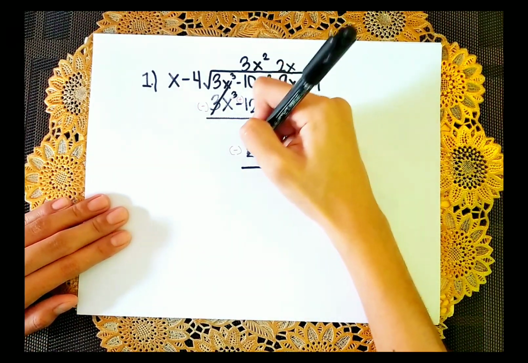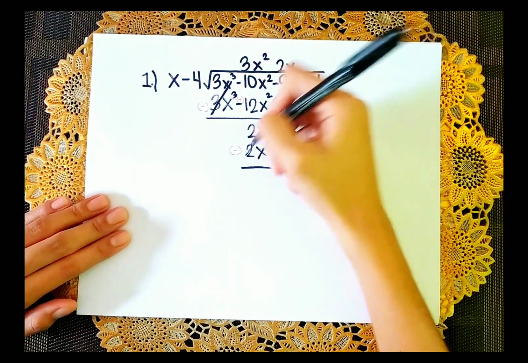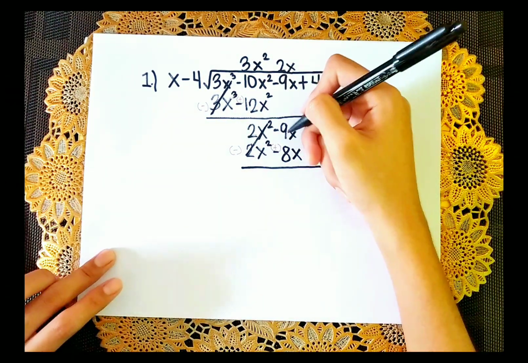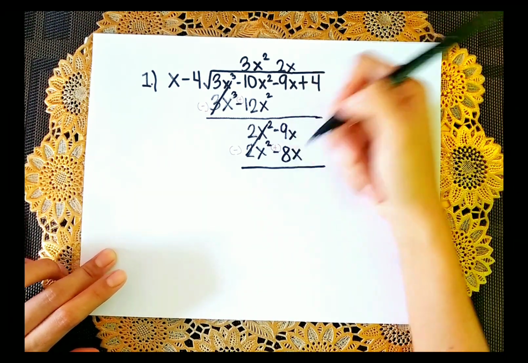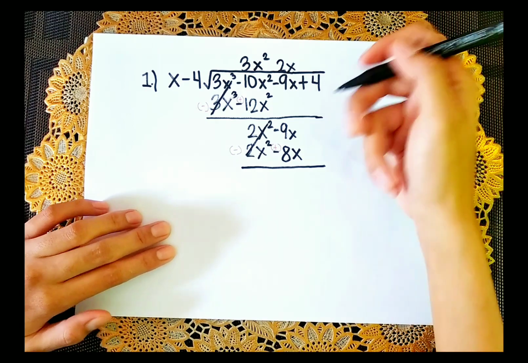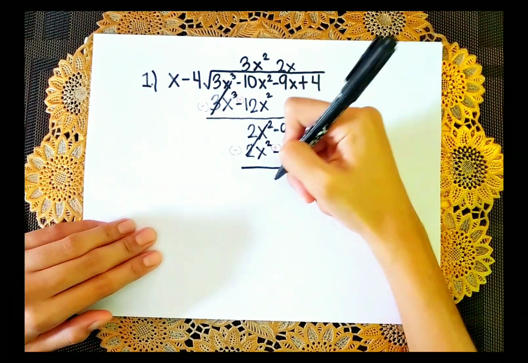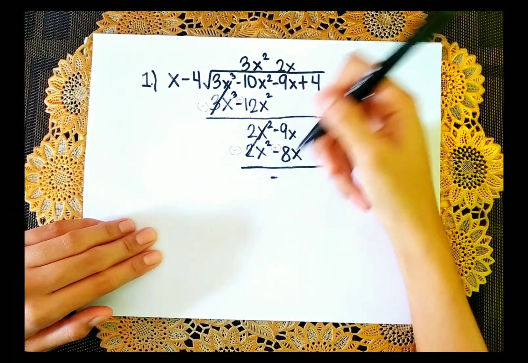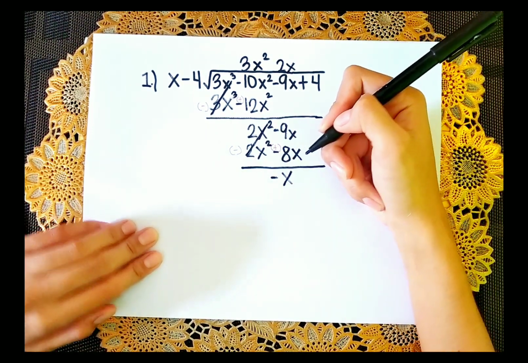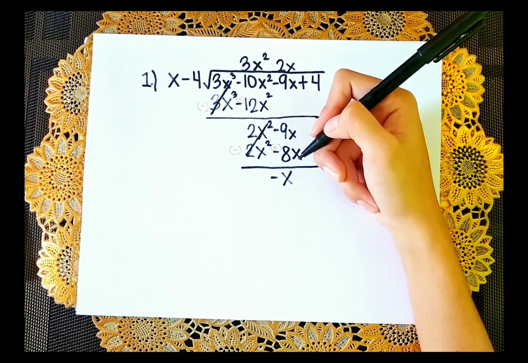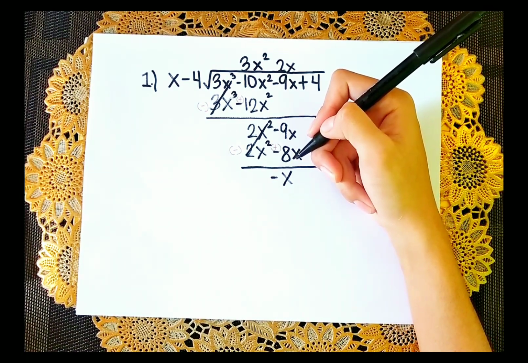That will be equal to 0, so you may just cancel them. And then negative 9 plus positive 8, they have different signs, right? So you have to subtract 9 minus 8, which gives us 1. Copy the sign of the larger number. It's negative. Therefore, we have negative x.